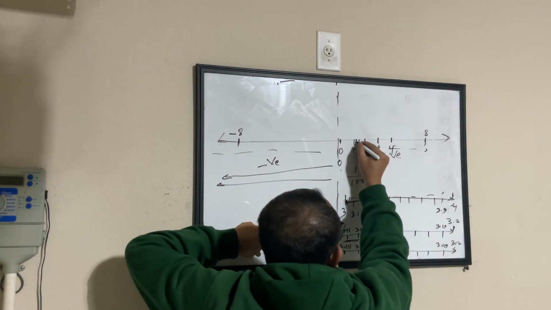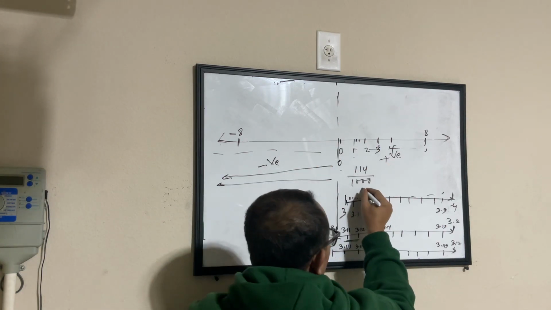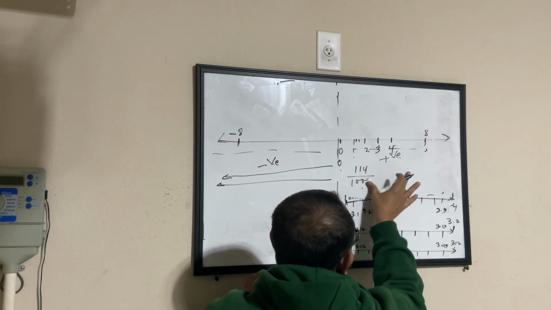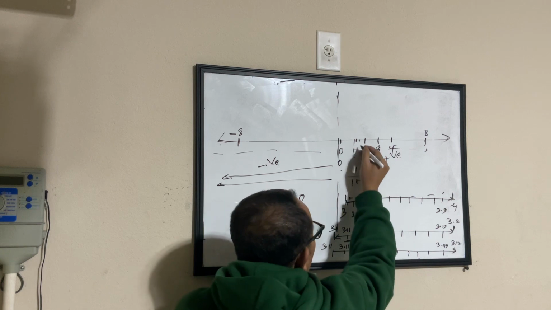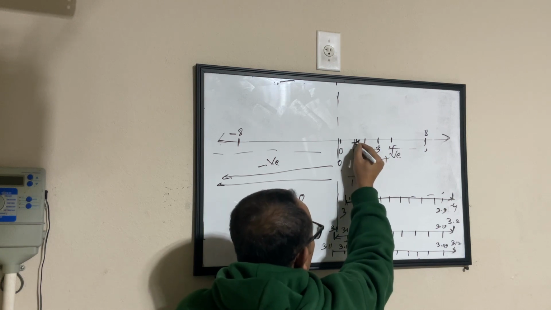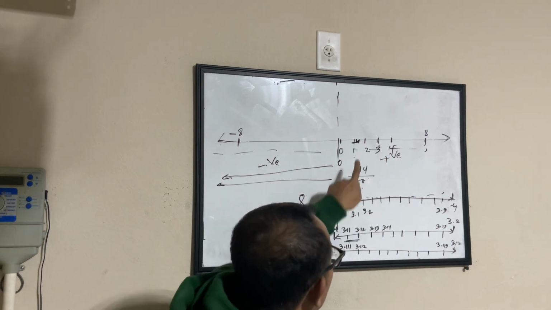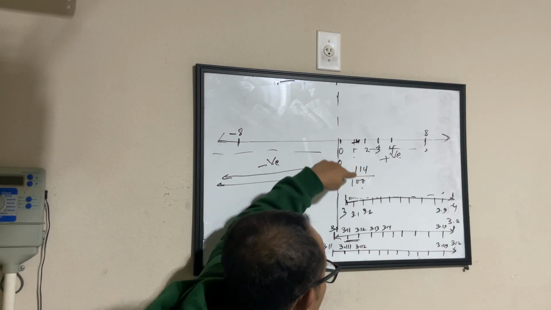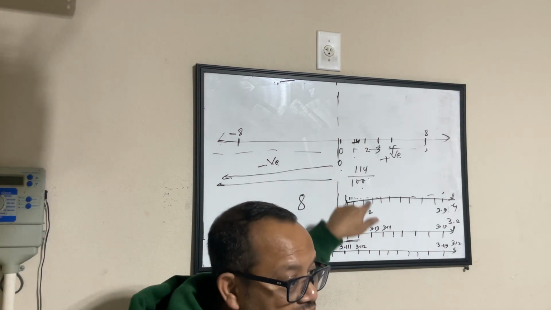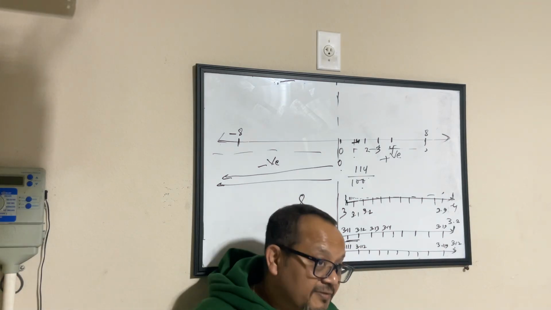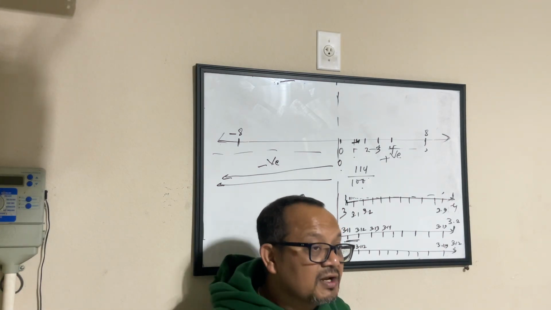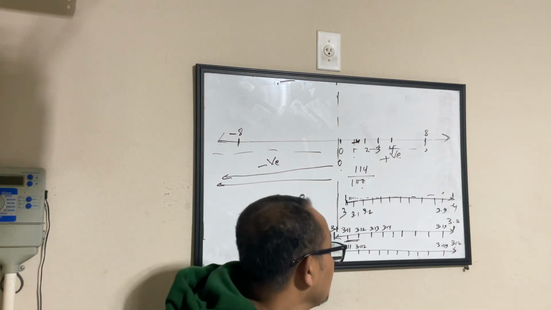No, it will not be 1.14 by 1000, it will be 1.14 by 100. So I just split into 100 pieces, I picked 14 of the 100 pieces, and that's the point between 1 and 2, which is 114 by 100. So these are the ways you can find out nth fraction of a number between two consecutive numbers.